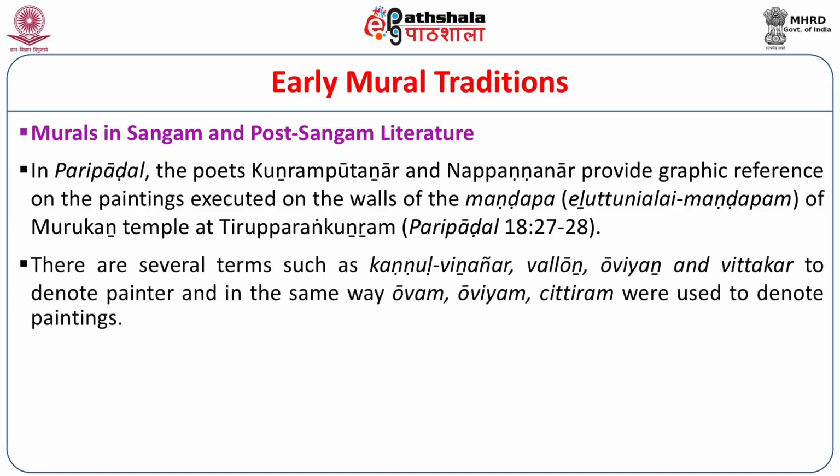So, for the murals in the Sangam or post-Sangam period, several terms were used, such as Kannul Vinayar, Vallon, Ovian and Vittahar, to denote a painter. In the same way, Ovam, Ovium or Chitram were used to denote paintings.